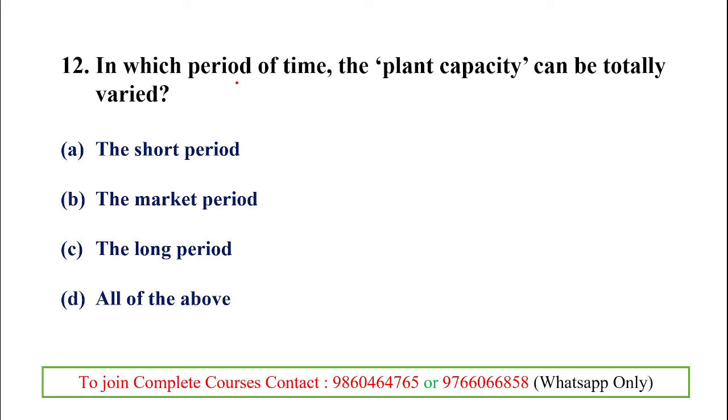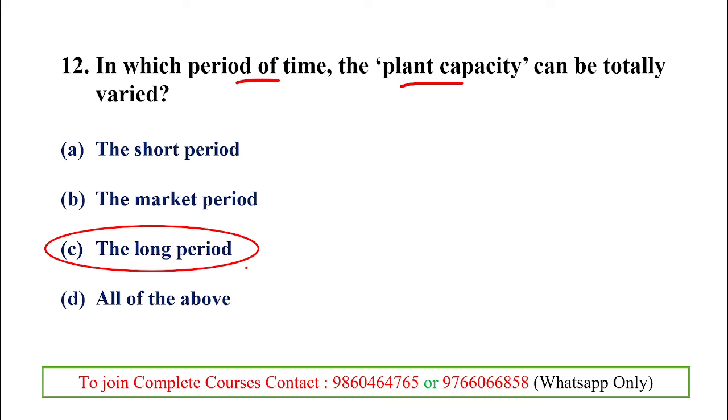Then, the period of time in which the plant capacity can be totally varied. Plant capacity here means the machinery, equipment, etc. The firm cannot change the plant capacity in a short period.